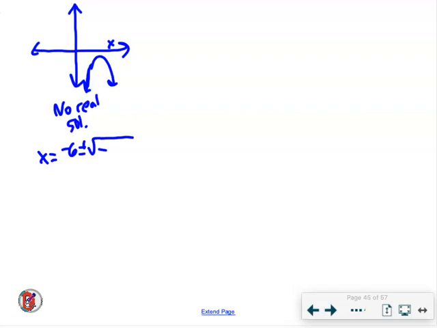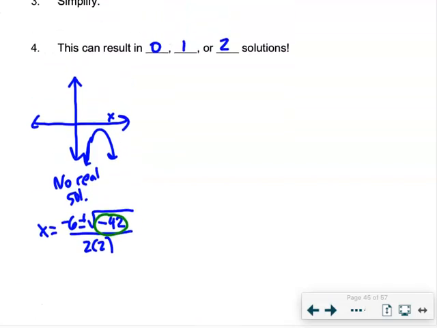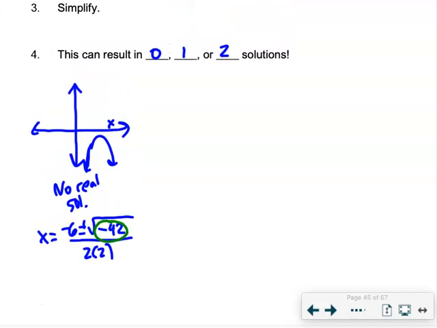Maybe we get like a negative 42 in here, all over 2 times 2, 2a. Just like before, you can't have a negative in your square root. So this would be a situation where the parabola doesn't have any real solutions.